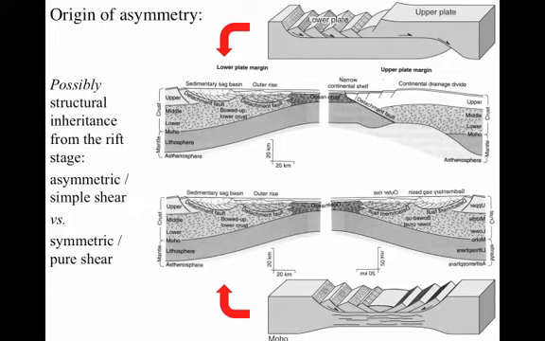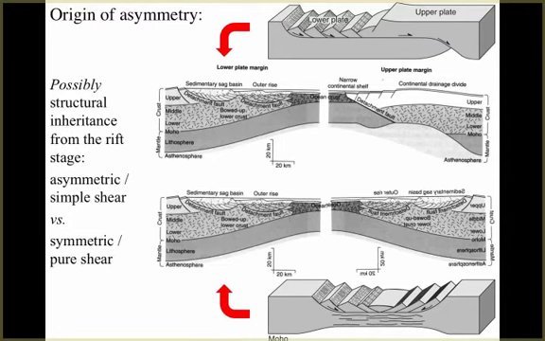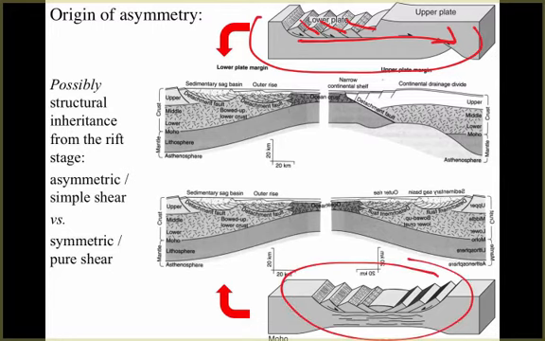The origin of this asymmetry is really the difference between, if you look at the top, this asymmetric, more simple shear sort of environment where we have a low angle normal fault or a detachment underplating those higher angle faults in the upper plate that then migrate down into the lower plate along these half grabens, versus a more pure shear kind of model where we have two symmetrical detachments underlying the extended crust and these half grabens.